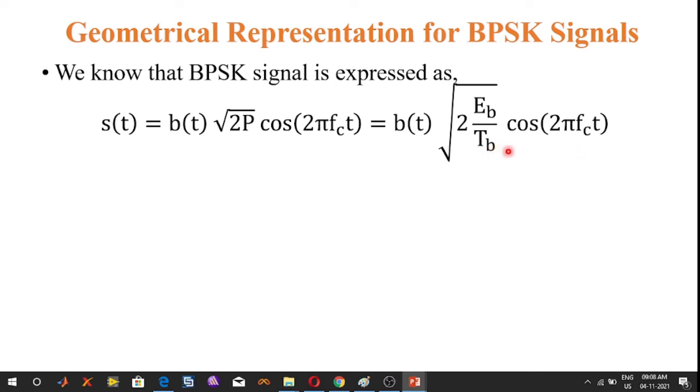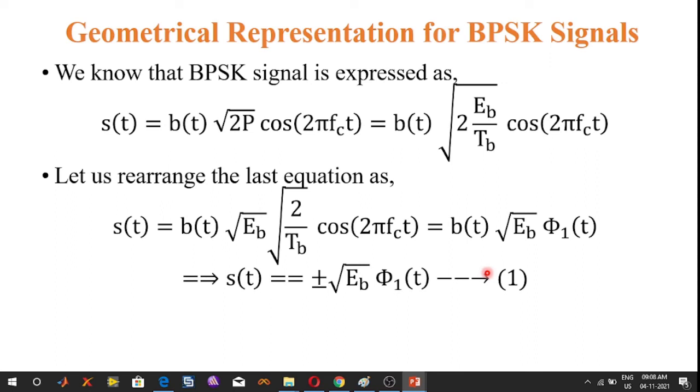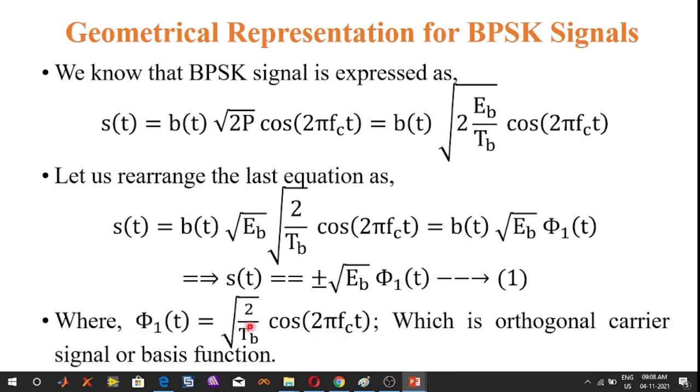The right-hand side term of this equation may also be arranged as s of t equal to b of t into square root of Eb into square root of 2 by Tb into cos of 2 pi fct, which is equal to b of t into square root of Eb into phi 1 of t, where phi 1 of t is the orthogonal carrier signal or basis function, phi 1 of t is square root of 2 by Tb cos of 2 pi fct, where b of t is equal to plus or minus 1.